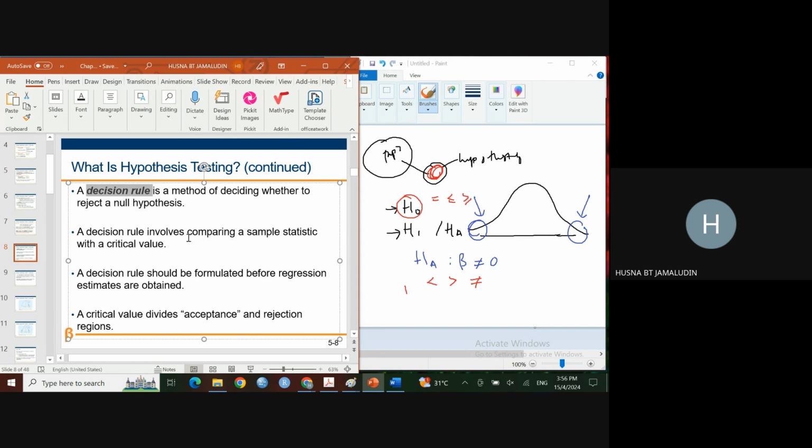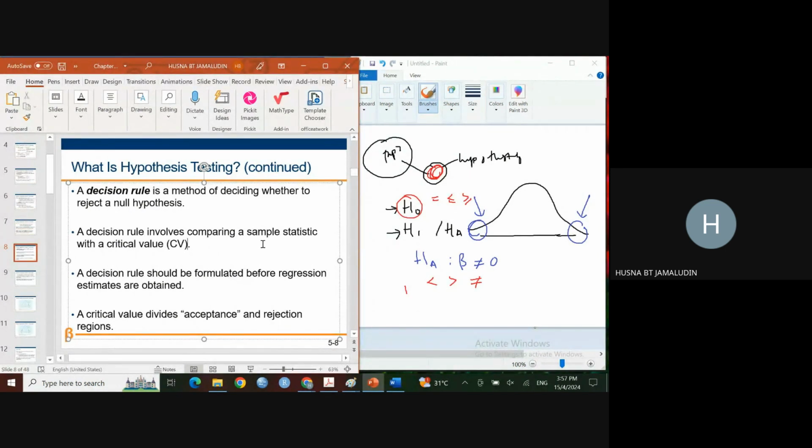A decision rule involves comparing your test statistic with the critical value, normally we say CV.